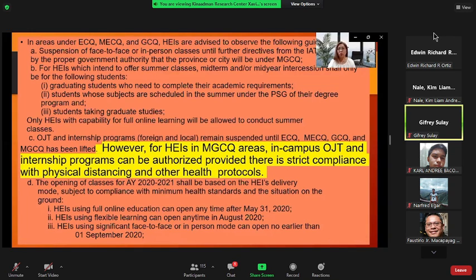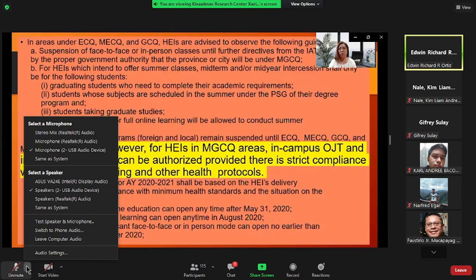However, for HEIs in MGCQ areas, in-campus OJT and internship programs can be authorized provided there is strict compliance with physical distancing and health protocols. So, assuming that we already have strict compliance, our university has guidelines for strict compliance with physical distancing and other health protocols, then we can be allowed to have in-campus OJT and internship programs.